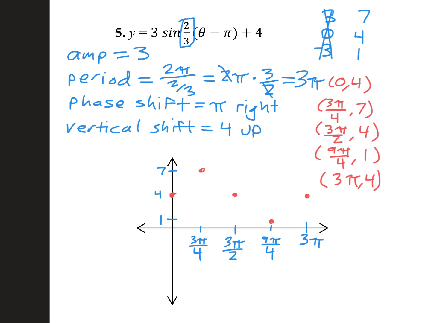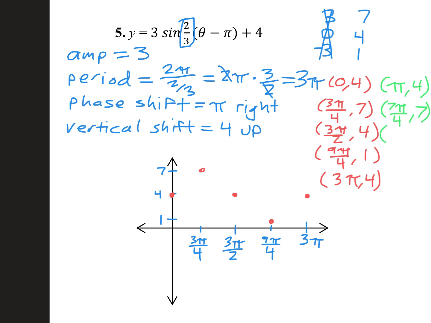For the phase shift, we have to add pi to all of the x-coordinates. So the first point is going to go to pi, 4. All right, for the fraction, adding pi is like adding 4 pi over 4. So this one's going to 7 pi over 4, 7.